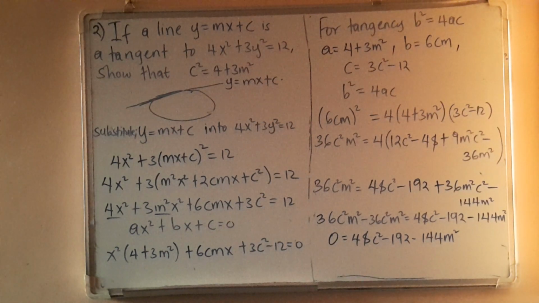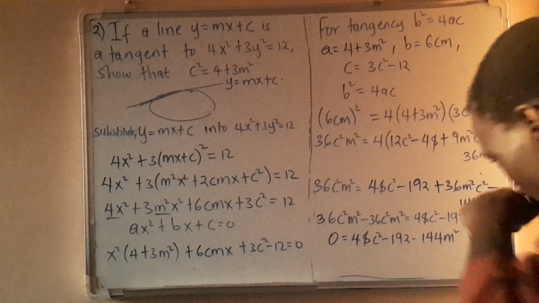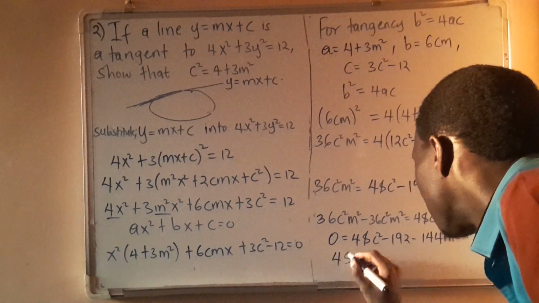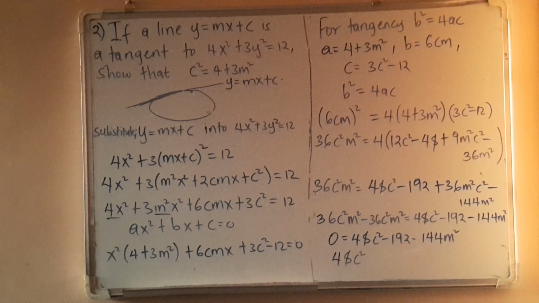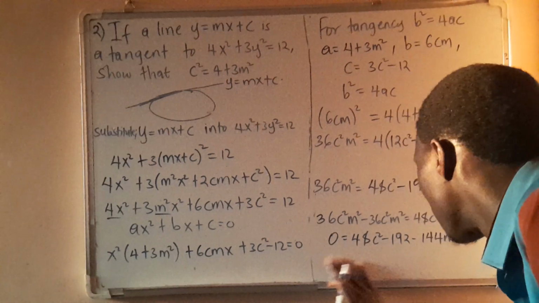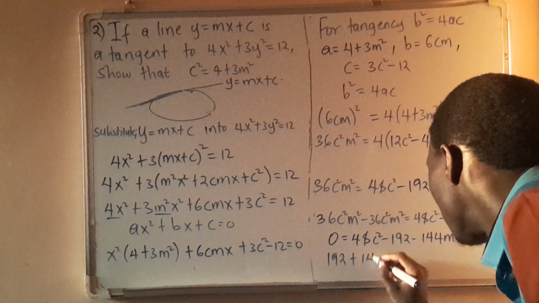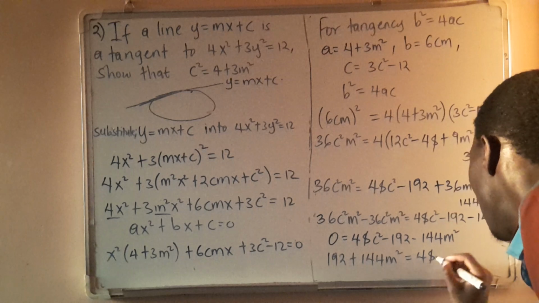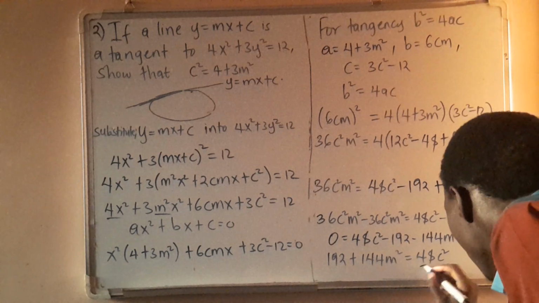So we can bring these two terms to this side. Basically, if we bring them this side, we shall have 192 plus 144m squared equal to 48c squared. So I can divide throughout by 48.